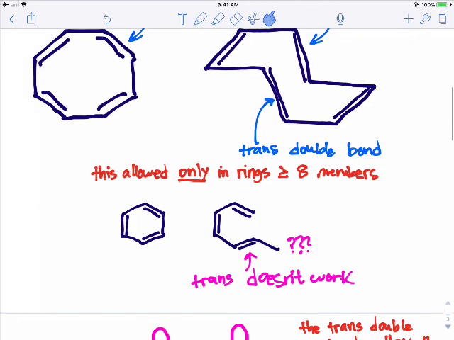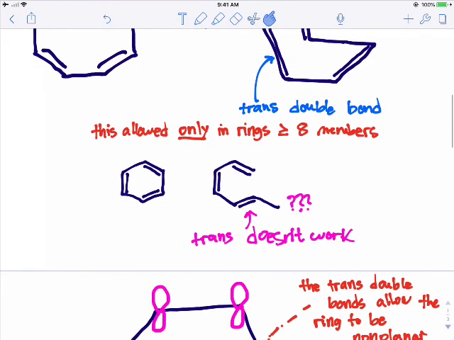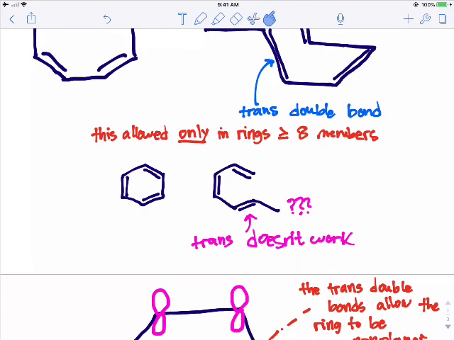Just to show you why you can't have trans double bonds in rings that are smaller than 8. If we just look at benzene, normal benzene has 3 double bonds and they're all cis. That one's cis, that one's cis, and that one's cis. That's what you would expect for a ring that's smaller than 8.